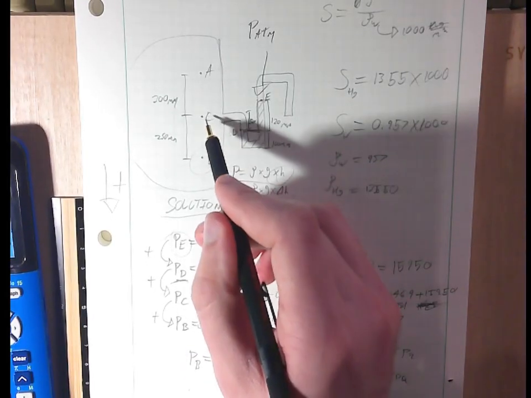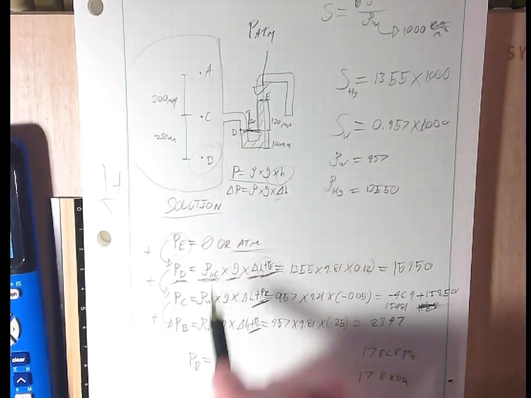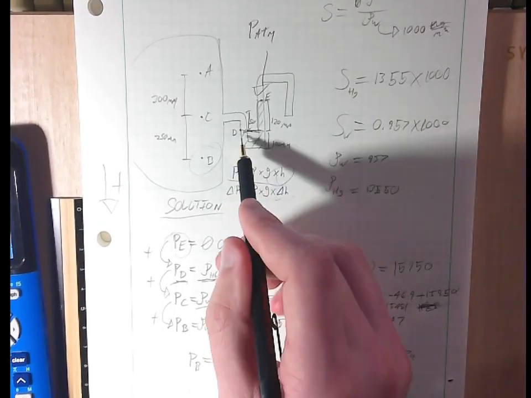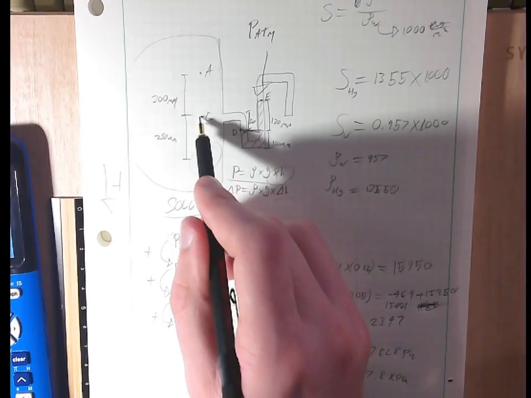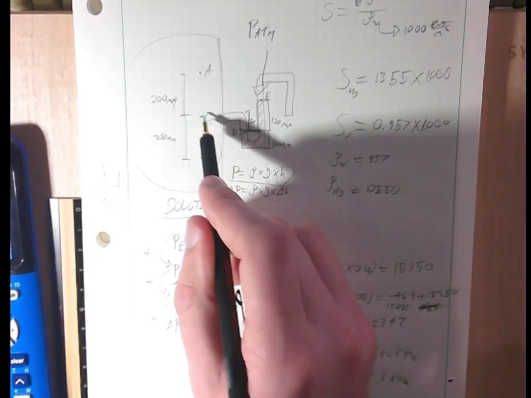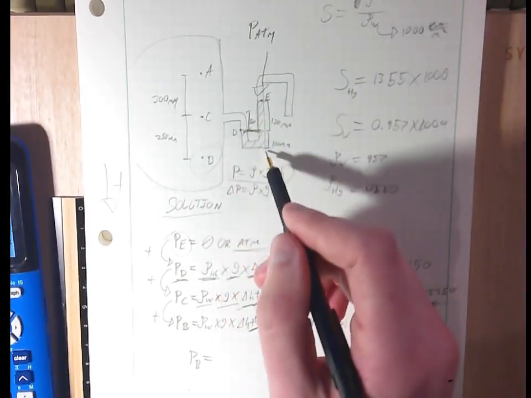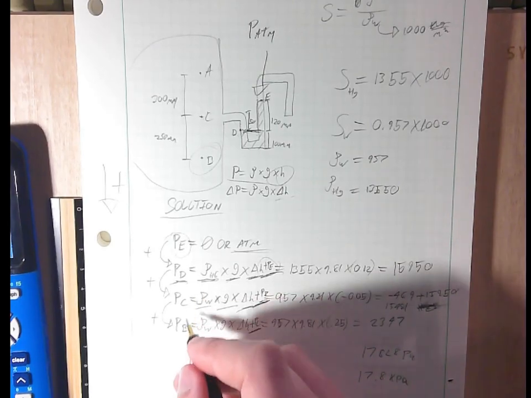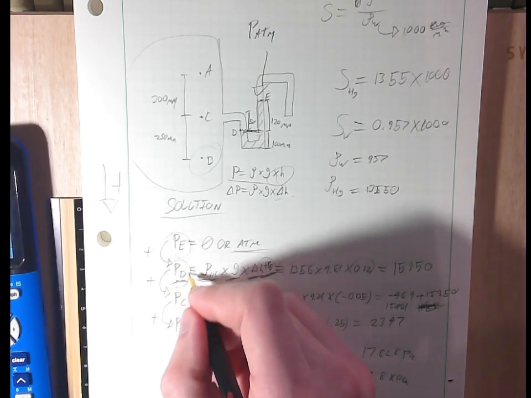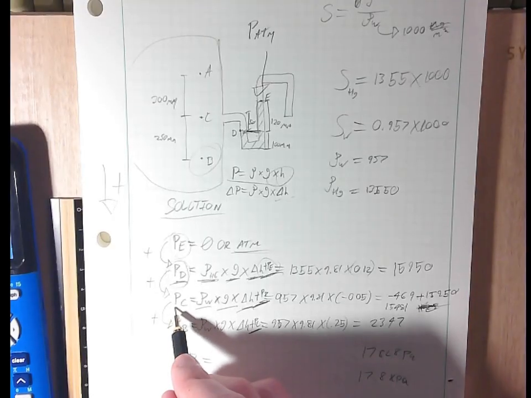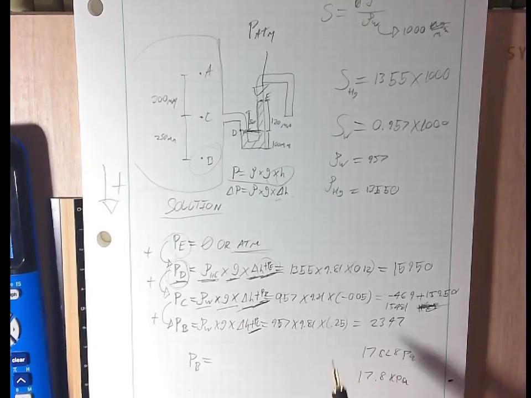From D to C, it's rho g of this fluid that's between the two times the distance and height between the two plus this pressure. With C, it's going to be the same thing.